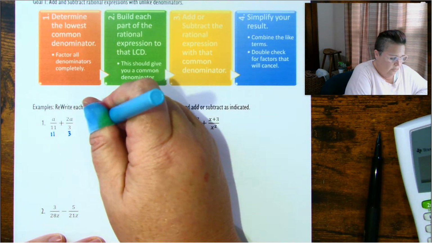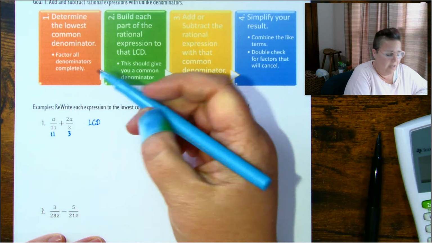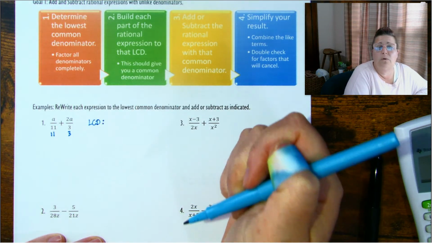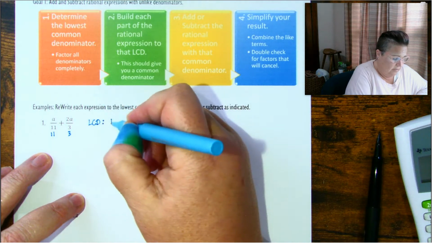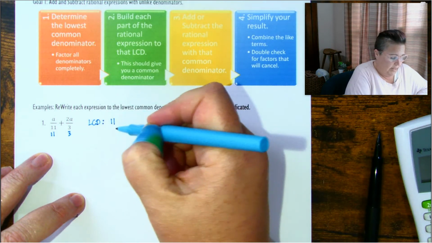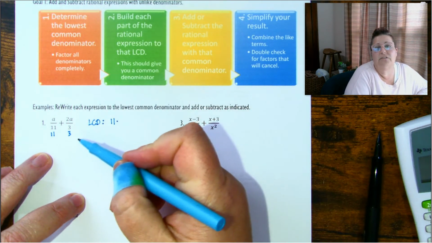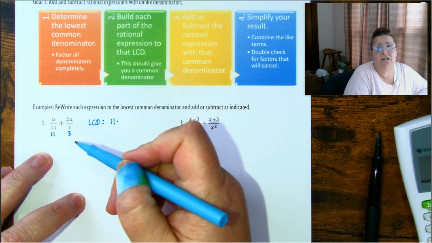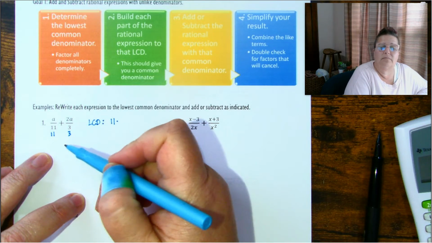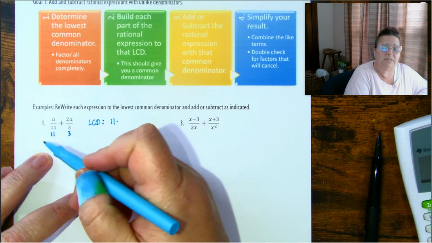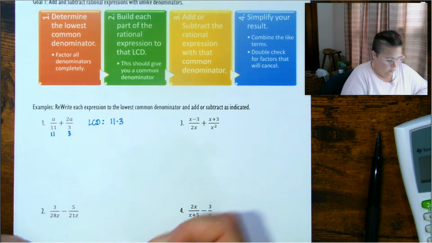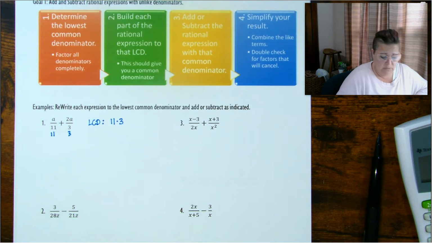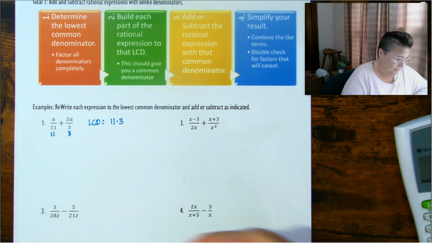So when we look for our lowest common denominator, what we do is take everything in our first denominator, that's the 11, and we multiply it by those factors of the second denominator that were not included already. 3 is a new factor. It was not included in the 11. So our lowest common denominator will be the product of those two, 11 times 3.